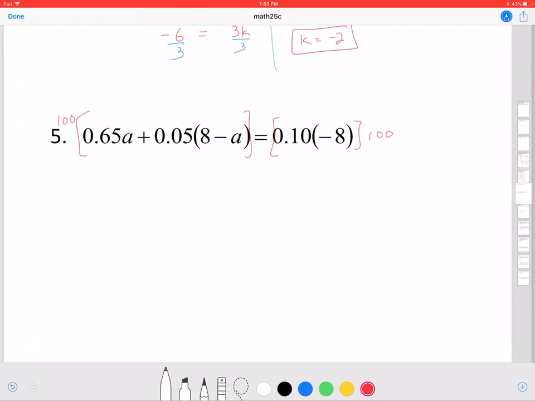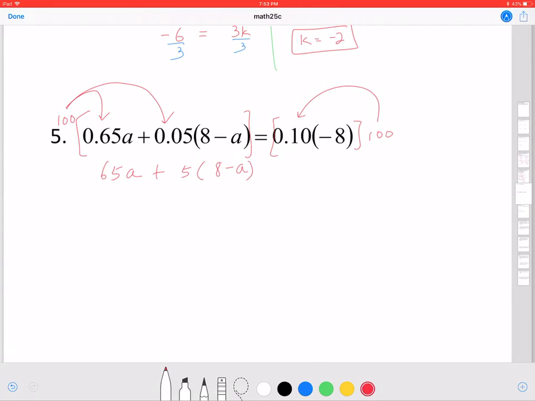Again, be careful when there's a parenthesis like this. This 100 multiplies the 0.65, 100 multiplies 0.05, and 100 will multiply just 0.10. Do not multiply 100 to the 0.10 and -8. That's incorrect. Let's see what happens. If we do this, I have 65a plus 5 times 8 minus a.